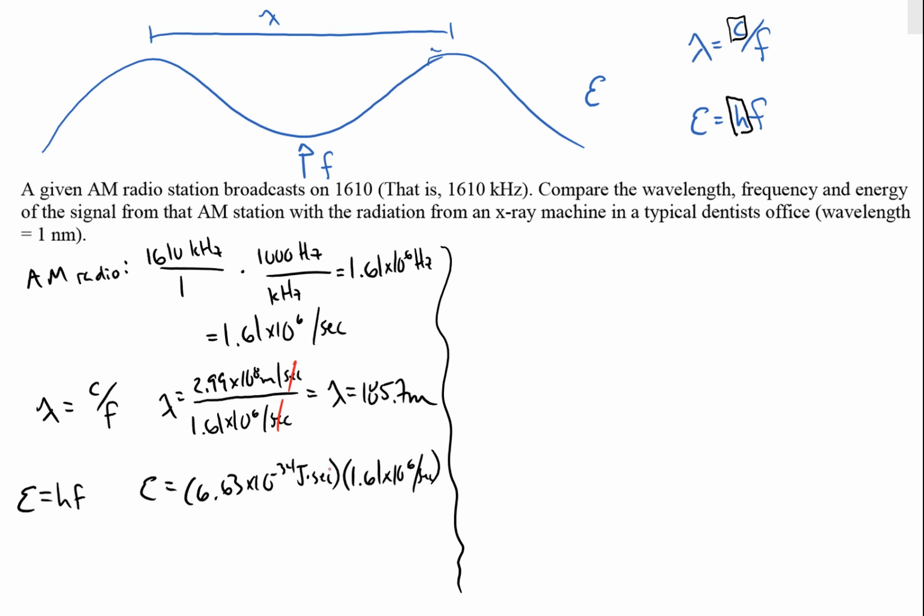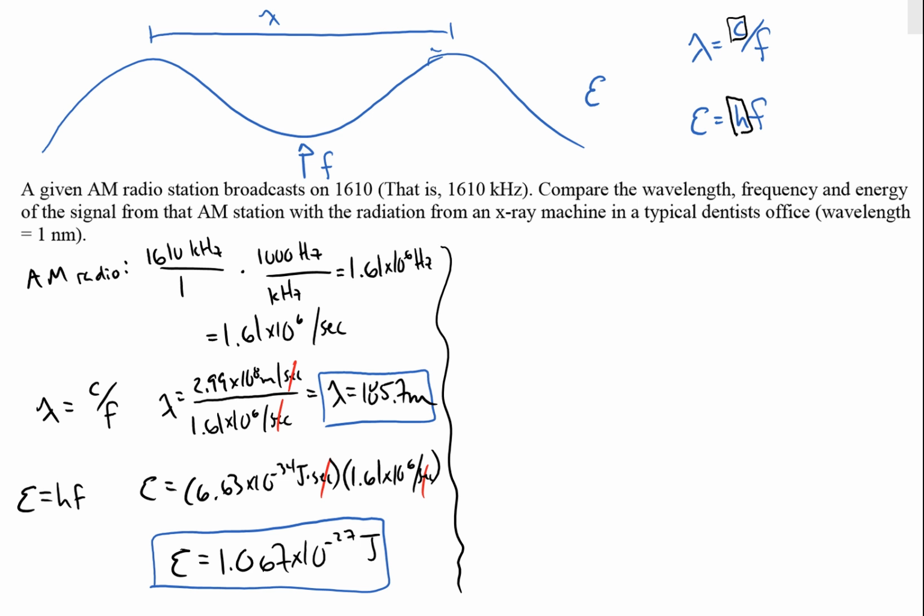Looking at just my units, seconds and seconds cancel, leaving me with a unit of joules, which is a good unit for energy. And that works out to 1.067 times 10 to the minus 27 joules, which makes sense because we have a very low energy electromagnetic wave here, and we're talking about a single photon, so it makes sense that it's a small amount of energy.